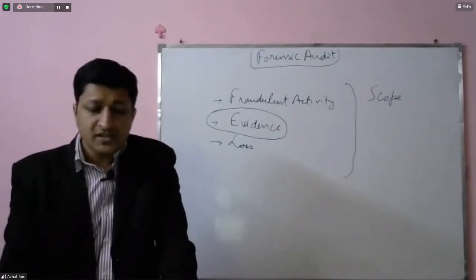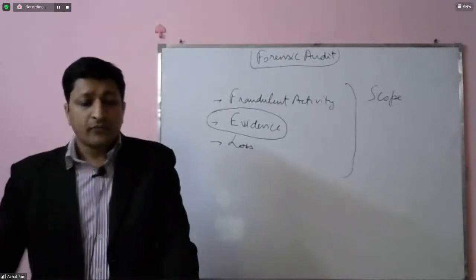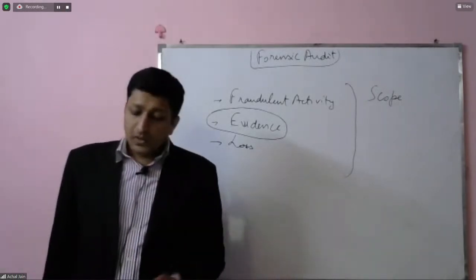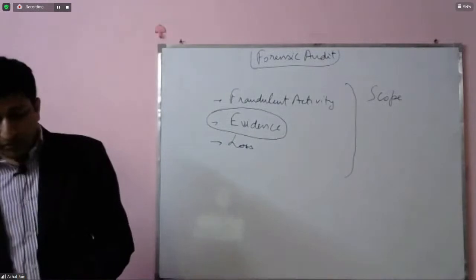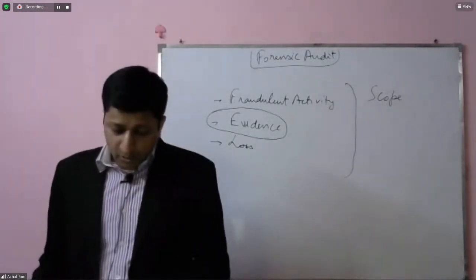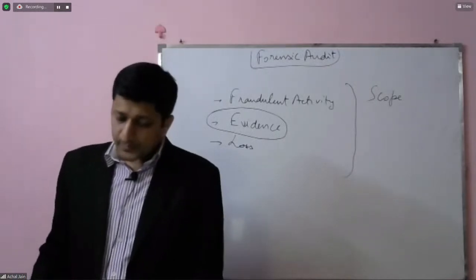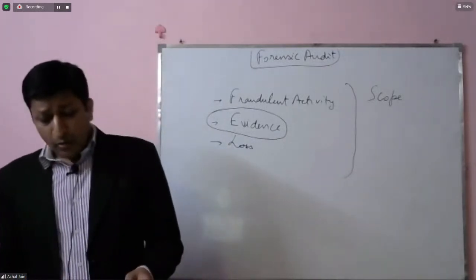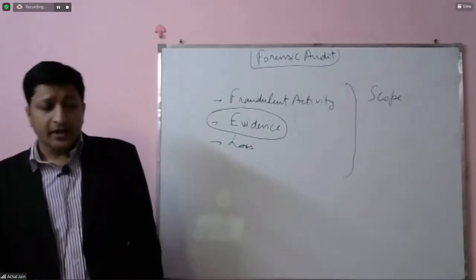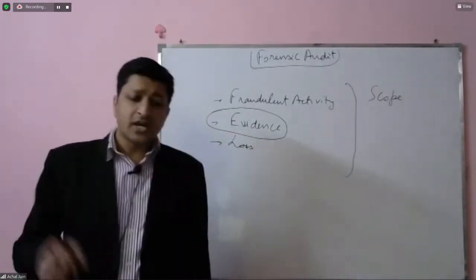Because all of these details will be important for the court to then finalize everything around the legal proceeding which would be going on. Okay, so this is broadly about the forensic audit in terms of the various steps which are involved.